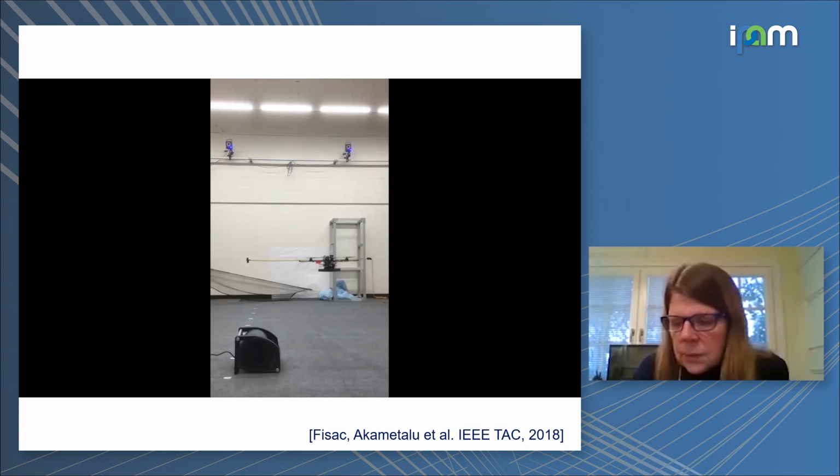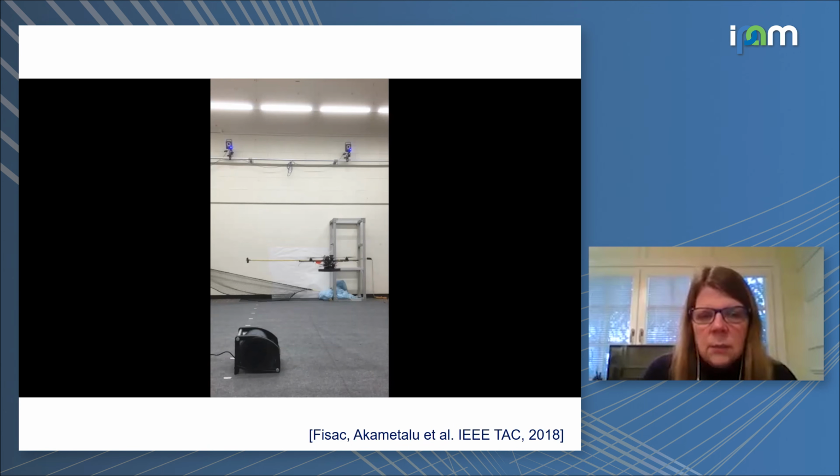So the last experiment that I'm going to show, and we'll finish up with this one, is an experiment where we sequentially ran two experiments, and you'll see them superimposed on top of each other. This was done by Jaime Fisac and Kene Akametalu.